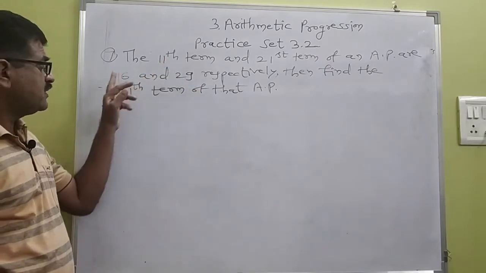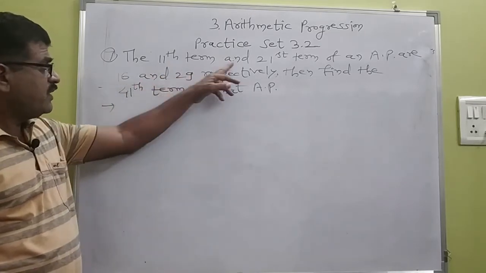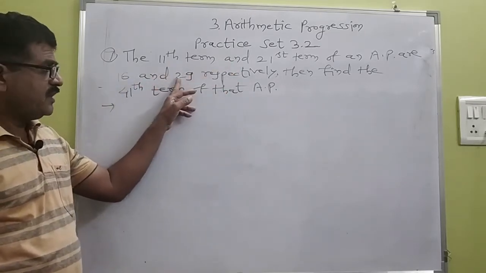That is, the 11th term is 16 and the 21st term is 29.